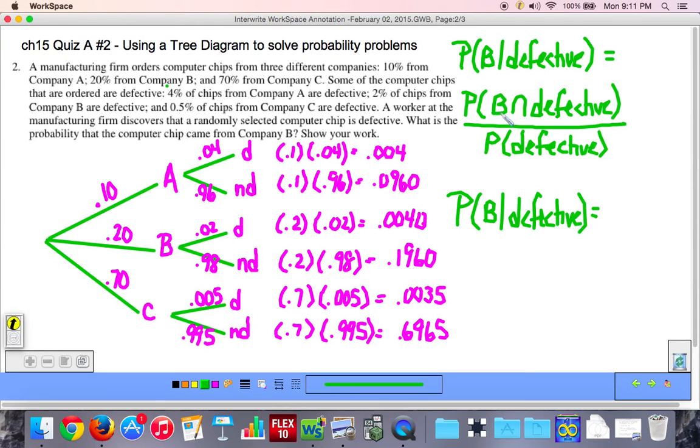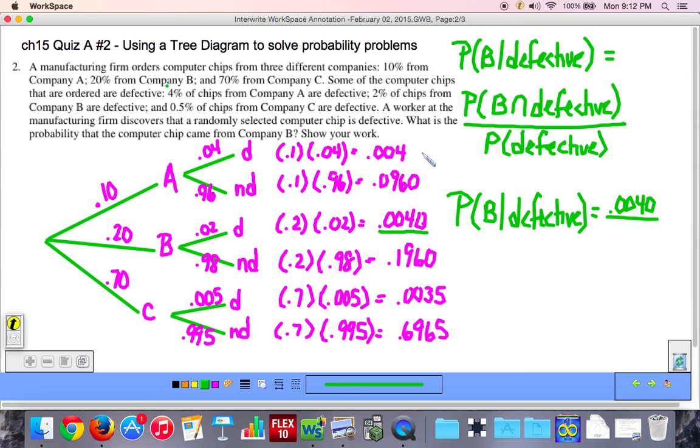So according to our formula, we know B intersect D is right here. That's B intersect D, the probability that it came from company B and it's defective. Now, how about the probability that the chip was defective?